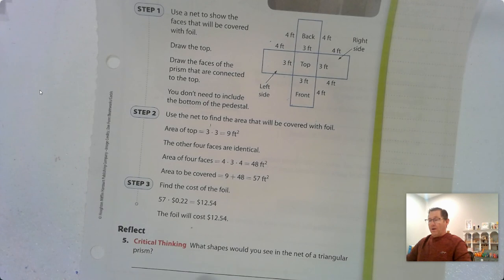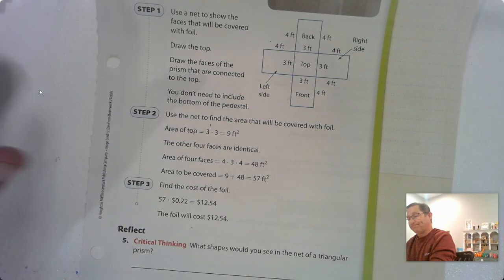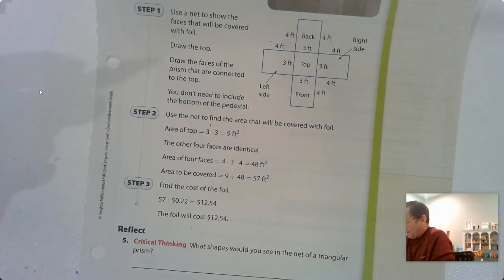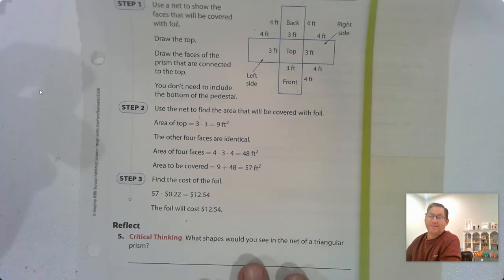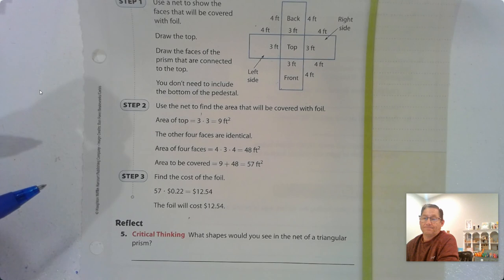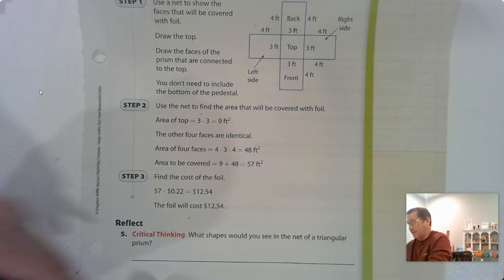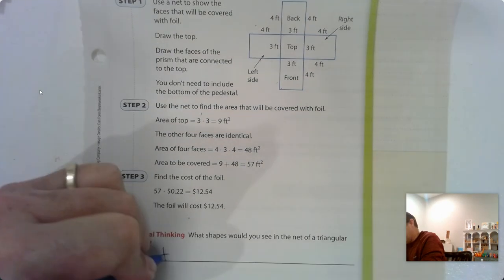All right, so number 5. What shapes would you see in the net of a triangular prism? Again, the reason it's called a triangular prism is that's the shape of the base. So I'm going to see 2 triangles.